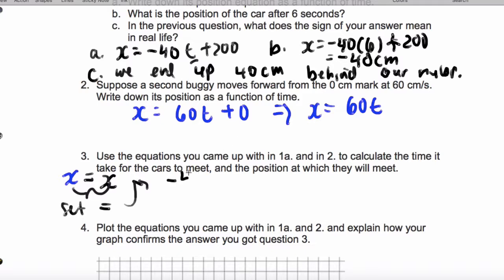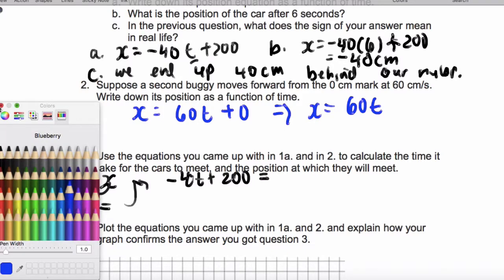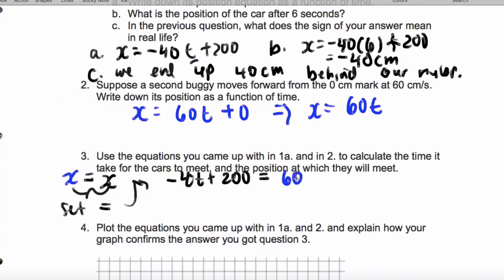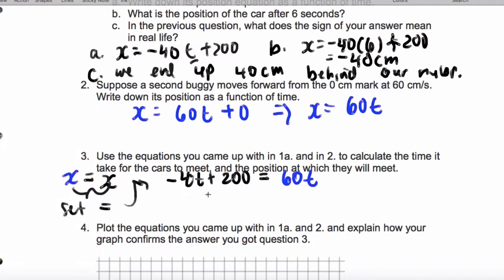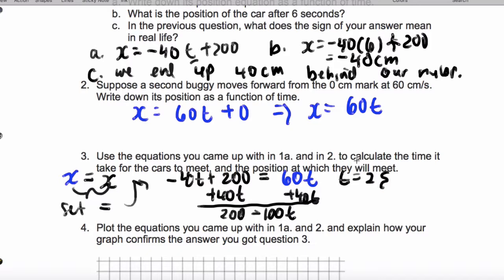I will write negative 40 times t plus 200 equals 60 times t here. And now I'm going to add 40t to both sides. When I do that, I end up getting 200 equals 100t. So t is 2 seconds. That's when they meet. They meet after 2 seconds.